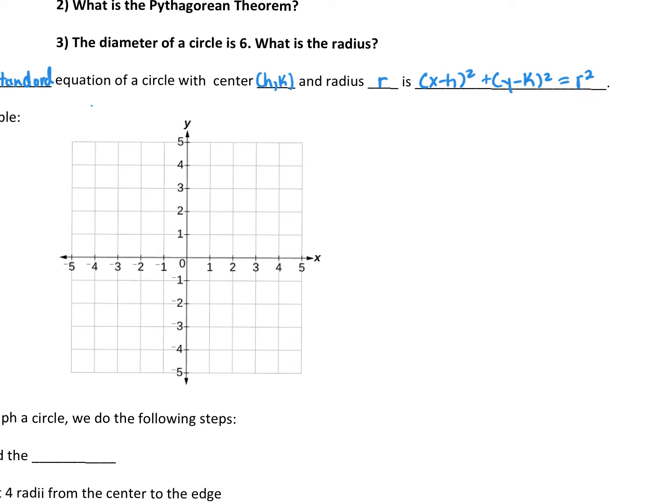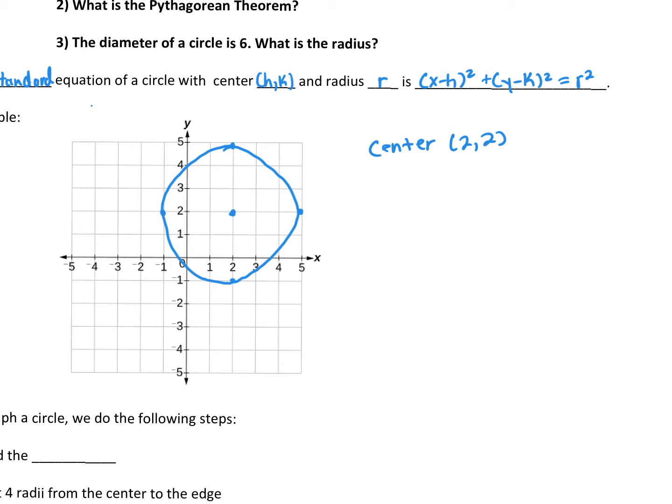So we had a circle, and let's say it is right here, and it goes out 3, and the radius is 3 all the way around. And let's connect all those dots to the circle. So this is our circle. Our center is 2, 2. So our center here is 2, 2.